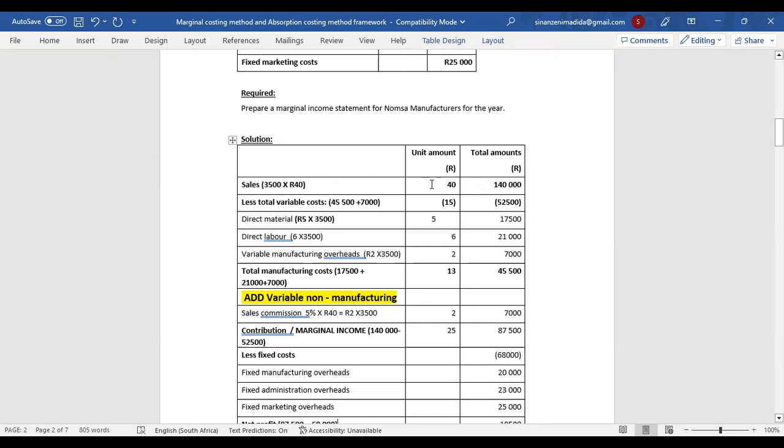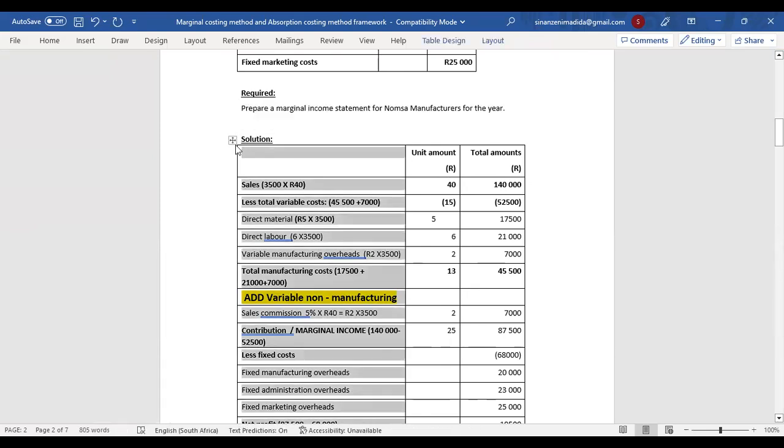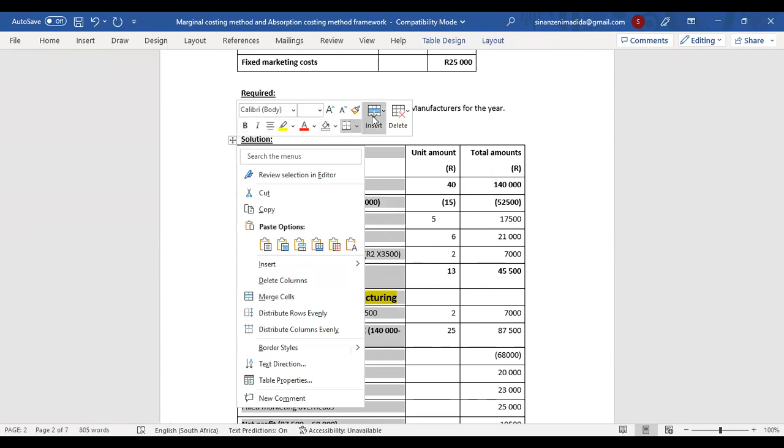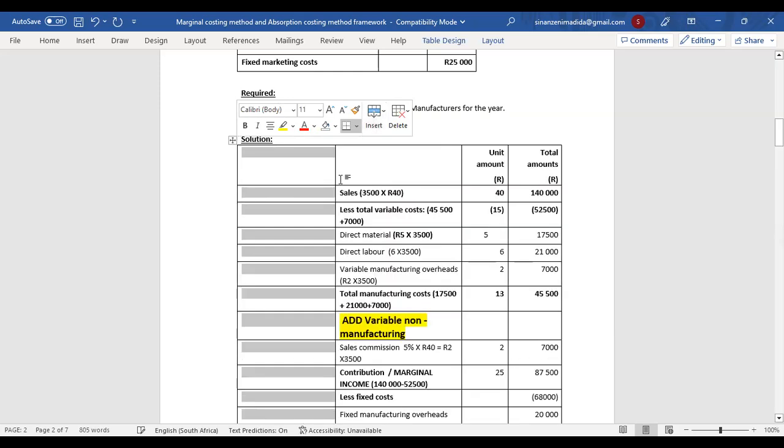If we multiply the two, we get 140. Then we subtract our total variable cost. The total variable cost, let's also put the stages on the solution so that people don't get stressed when they are revising.